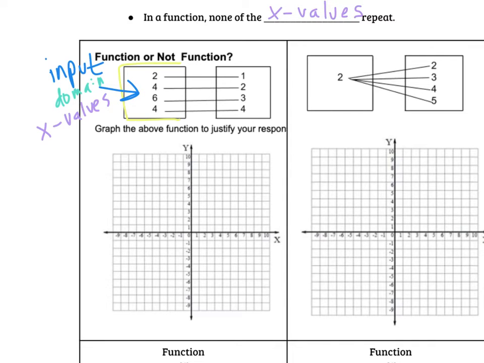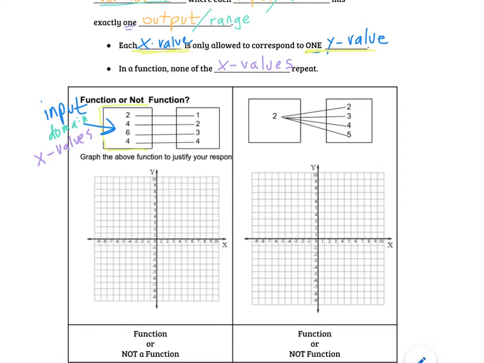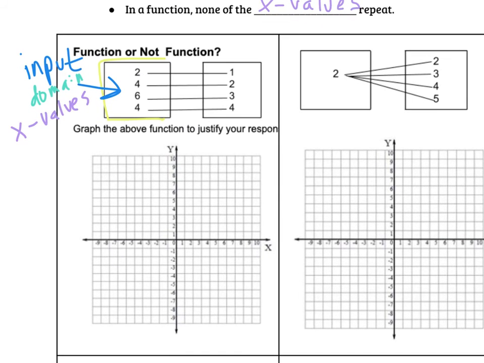So according to our definition above, in a function, none of the x values can repeat. If we're looking here, did you notice that the 4 is repeating? So that must mean that this is not a function. Also, over here, these are the outputs or the range or the y values.